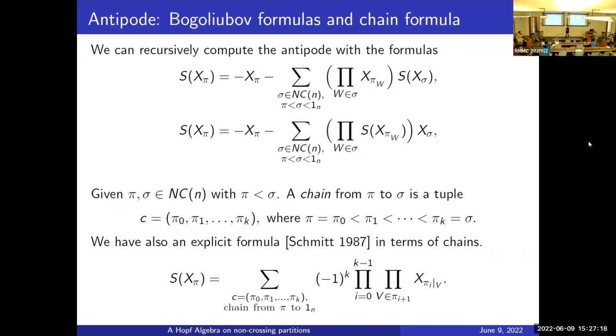And then this is the formula. S of x_pi is going to be a sum over chains going from pi to 1_n. And then you have to put some sign there, and then you take products of products. For each partition which is inside the other partition, I do this thing that appears in the coproduct, which is taking the restrictions of the smaller partition to the blocks of the bigger partition. And this has to be done for every pair of partitions that are consecutive on the chain.